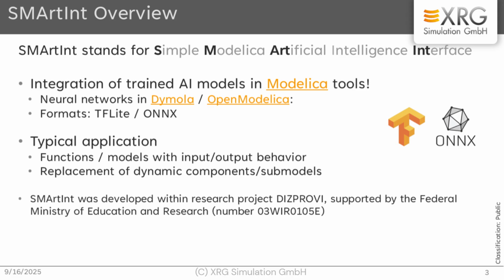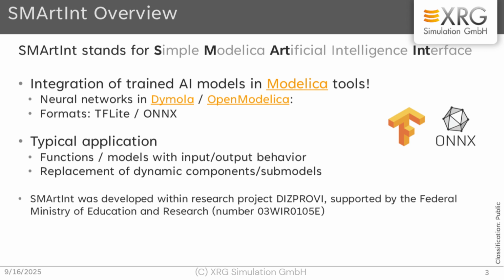For those of you who never heard of SMArtInt or SMArtInt Plus, maybe I will start with the core of SMArtInt and SMArtInt Plus. SMArtInt stands for Simple Modelica Artificial Intelligence Interface, and we can use this interface to integrate neural networks into Modelica tools.